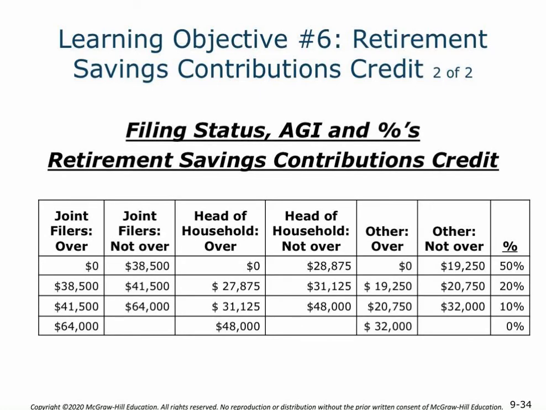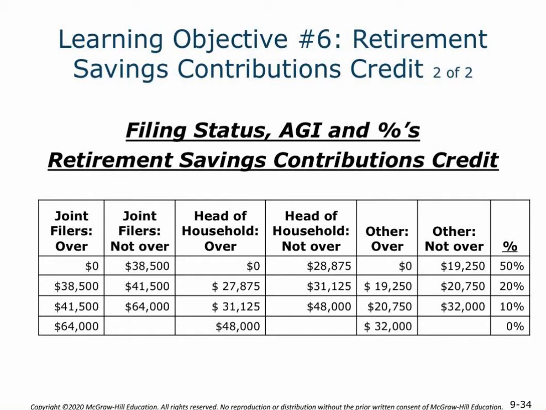So let's take a look at those amounts and what they would be. For joint filers, the initial amount is 50% for those that earn $38,500 jointly or less, and then it's reduced to 20% over $38,500 to $41,500, and reduced again to 10% for those over $41,500 to $64,000, and then reduced to 0 for those over $64,000.